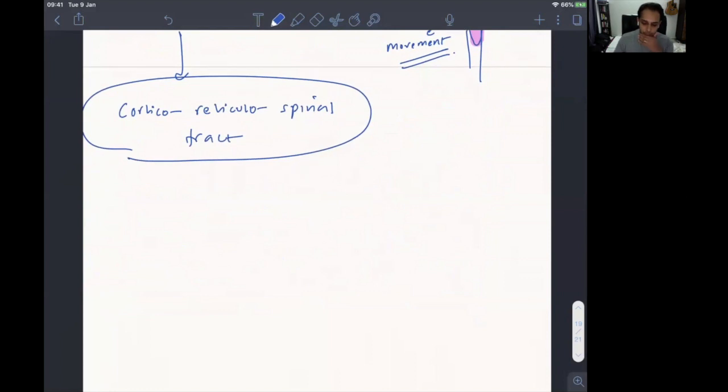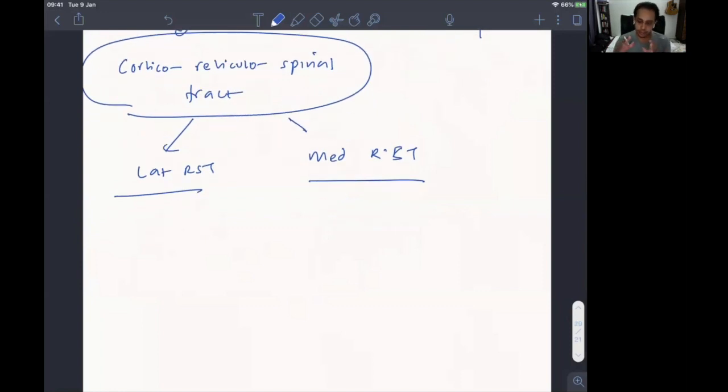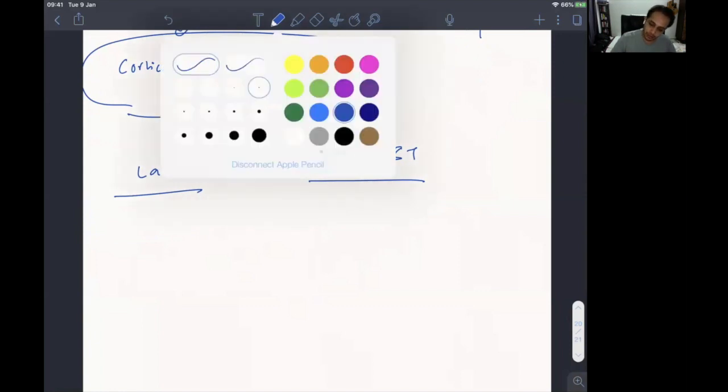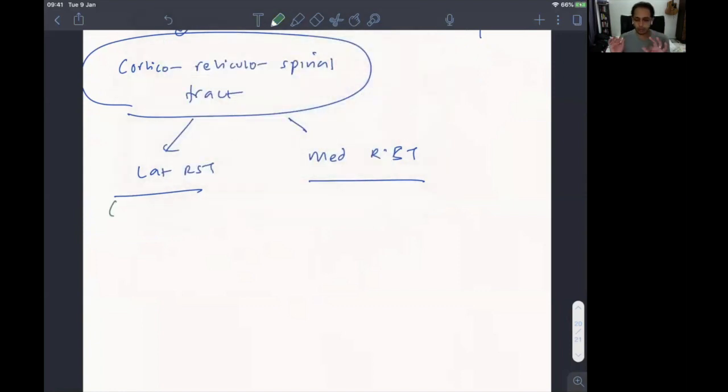And this is what will control your spinal cord pattern generators via your lateral and medial reticulospinal tracts. And the way it does this is by alternately stimulating the extensors and stimulating the flexors. So I'm just going to talk about this for one more minute.